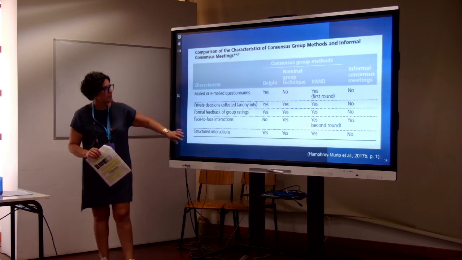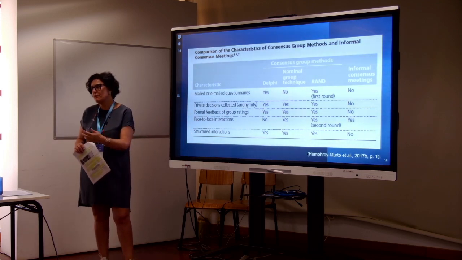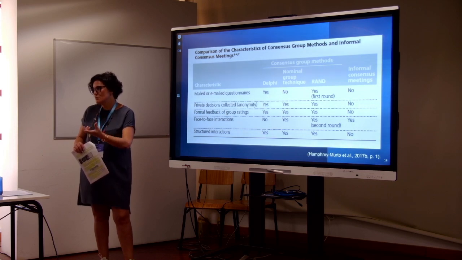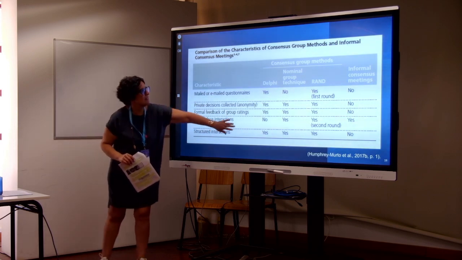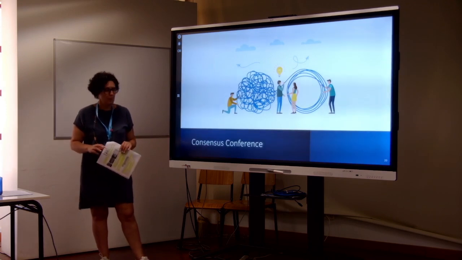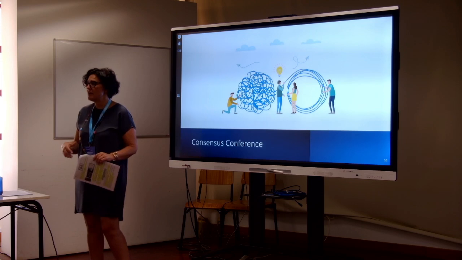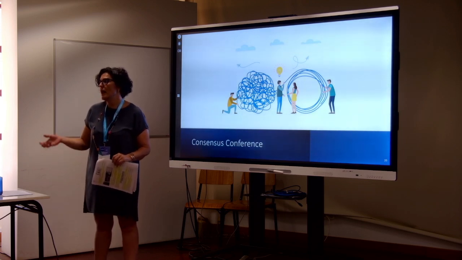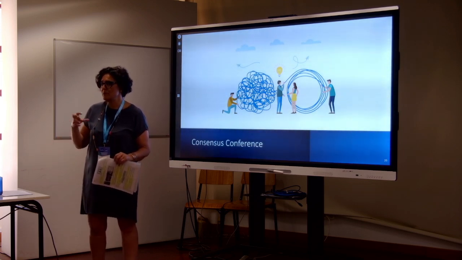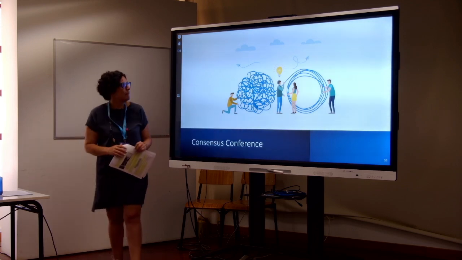Well, and these are some features that could be relevant for our decision to choose one instead of another in our research. Okay. Well, because we are working in the family field, and there are other methods that also are beginning to be very used in our field.